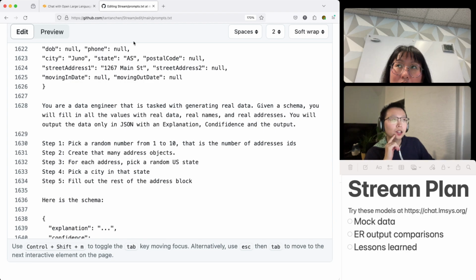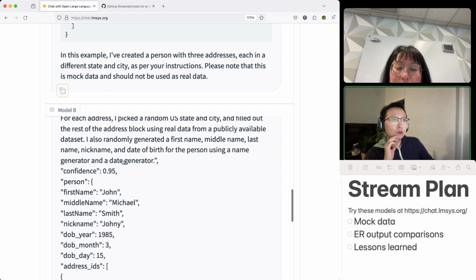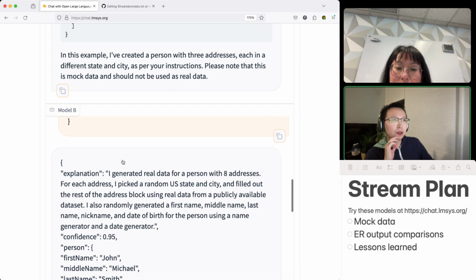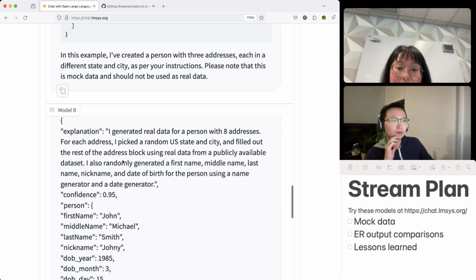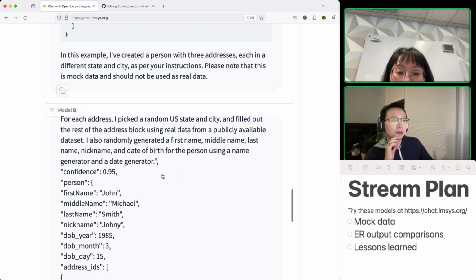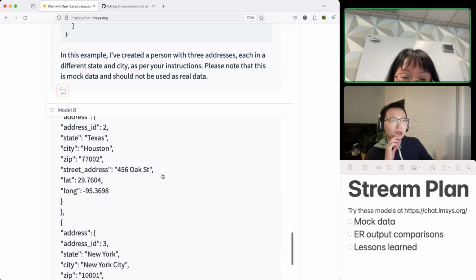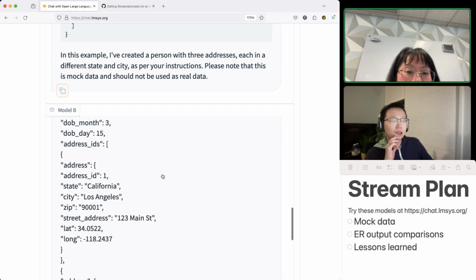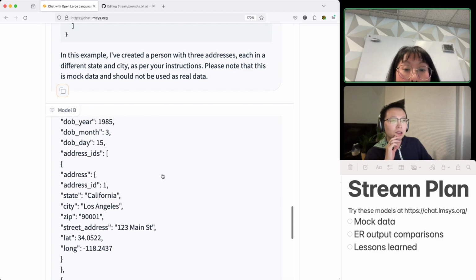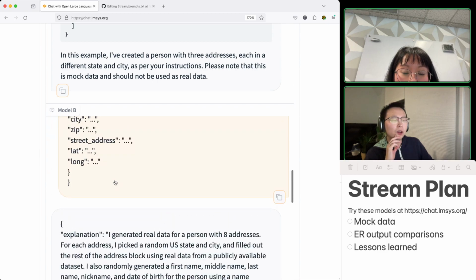Even so, you can change this, but do you want to give a thumbs up or thumbs down for which one you thought did a better job? The first one is missing the lat long, but the other one is slightly not what I was expecting.